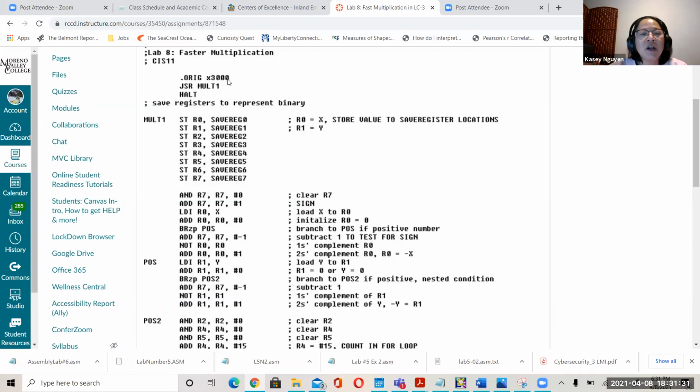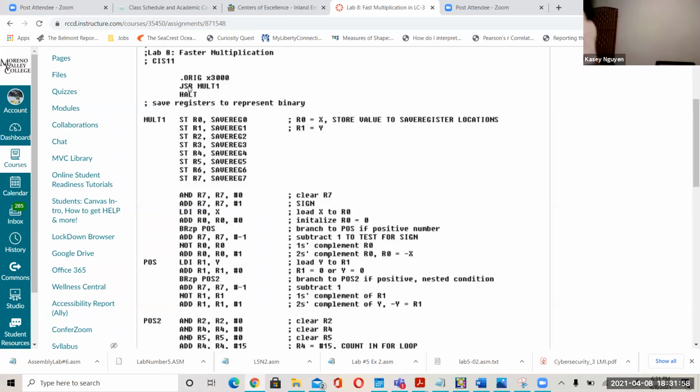Any function call needs to happen early, so we need to do a JSR molt 1. When you use a subroutine or function, that needs to go at the top of your program, just like last week. After it calls, then it's going to do a halt.